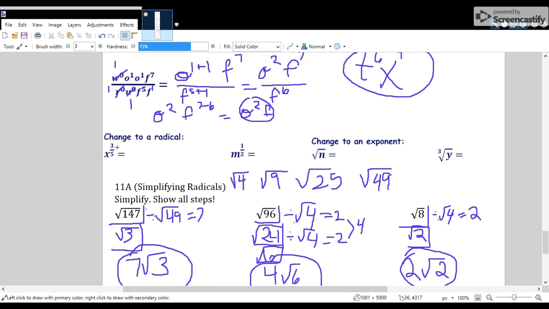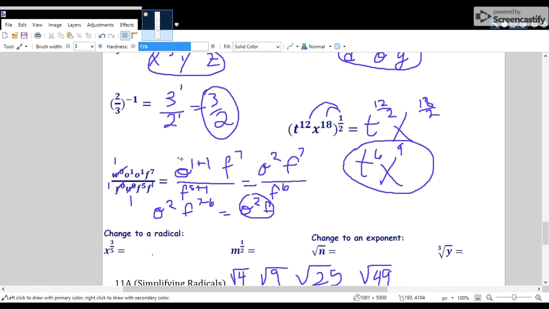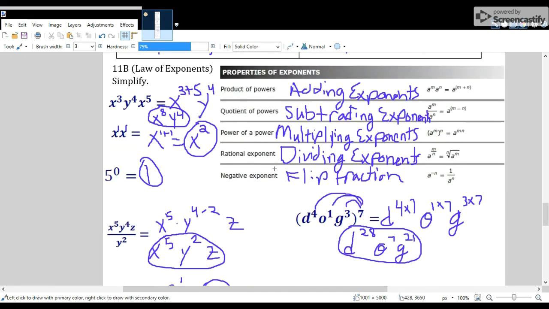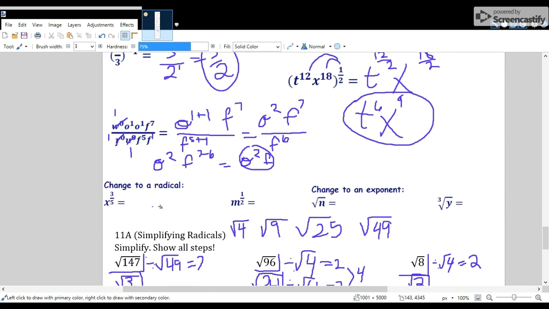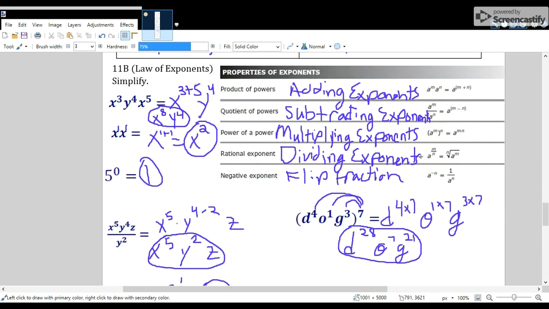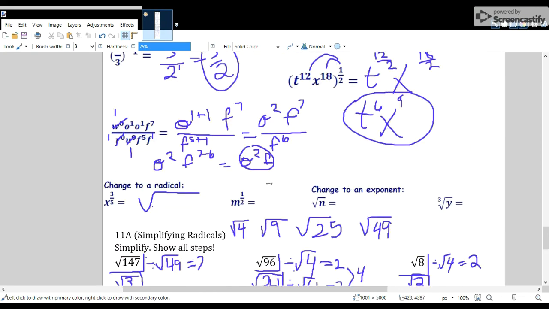Let's change x to the 3/5 to a radical. So looking at our property of exponents, we look at the rational exponent. That's dividing the exponents. So the n is 5, so this could be the 5th root, and then x to the 3rd power.